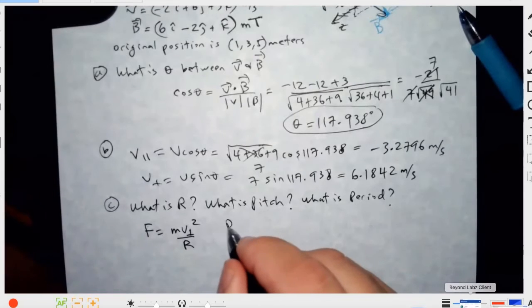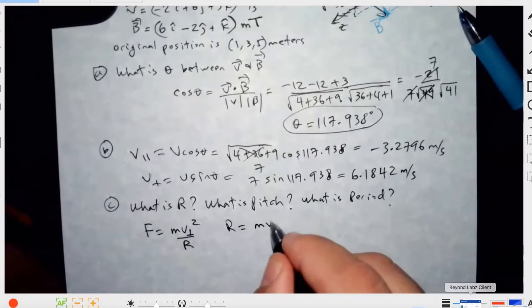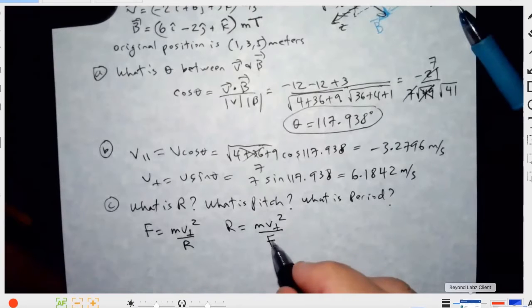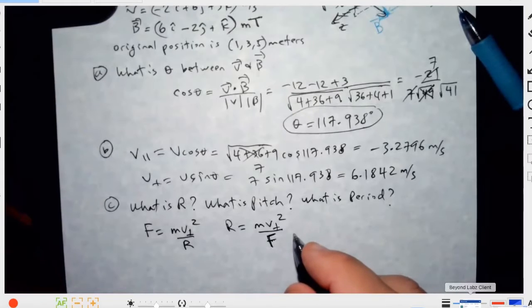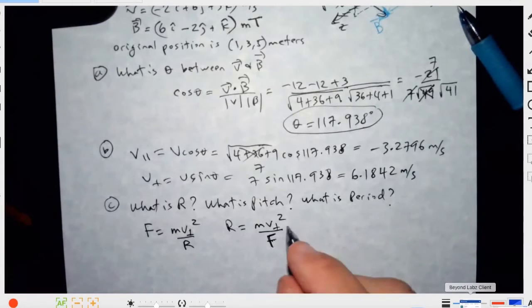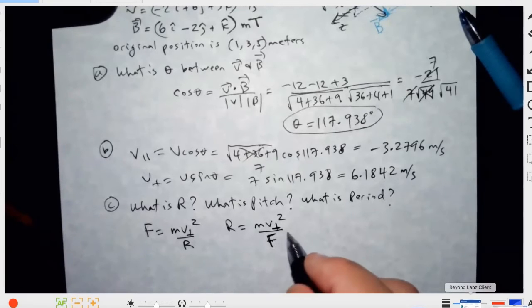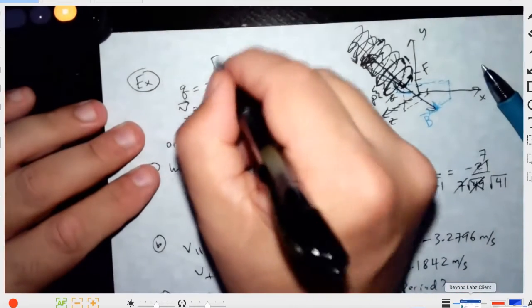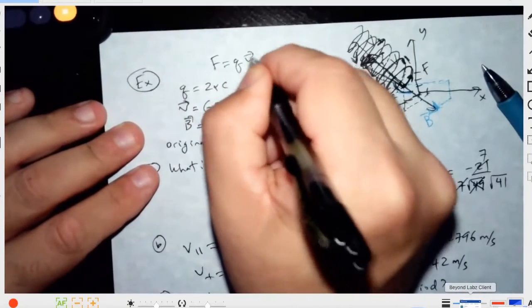So the radius of the orbit is mv perpendicular squared over F. That's the magnitude of the force. And F, the magnitude of the force, is going to be qv crossed into B.